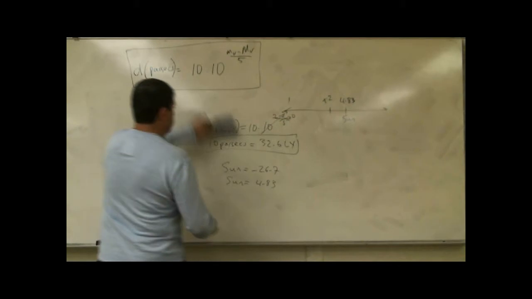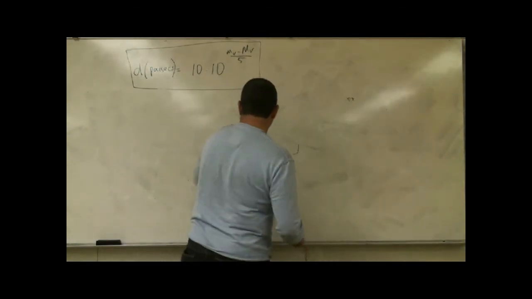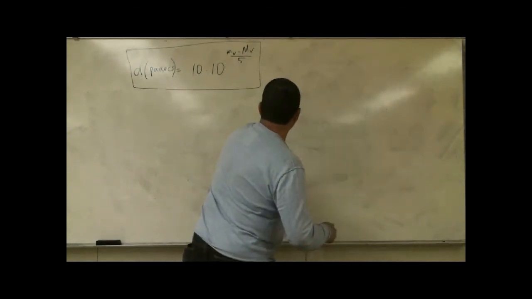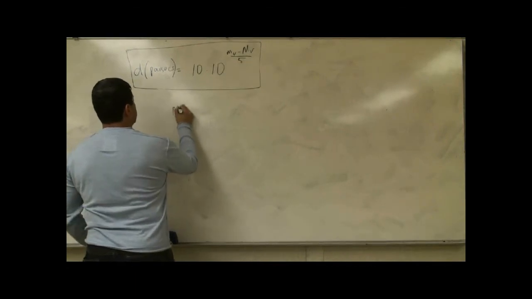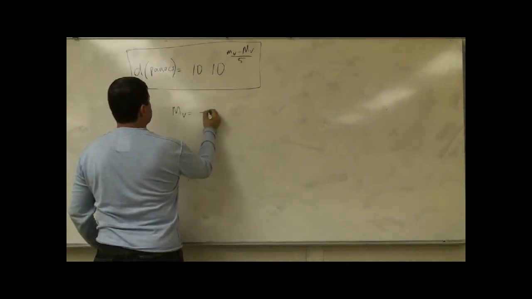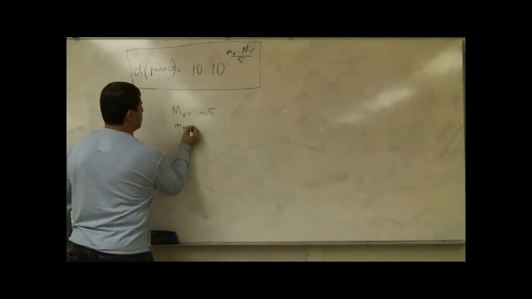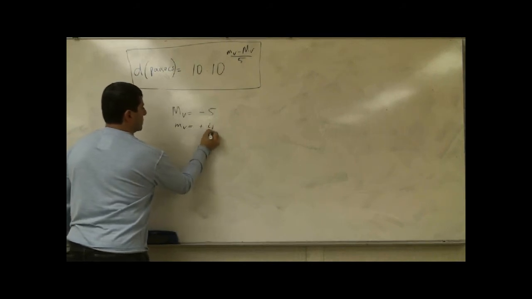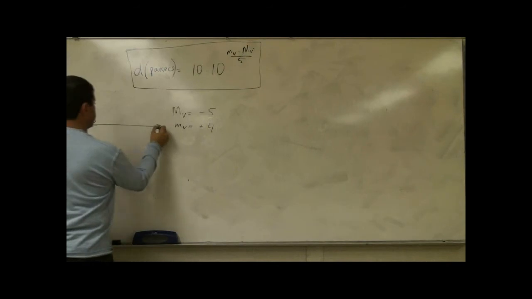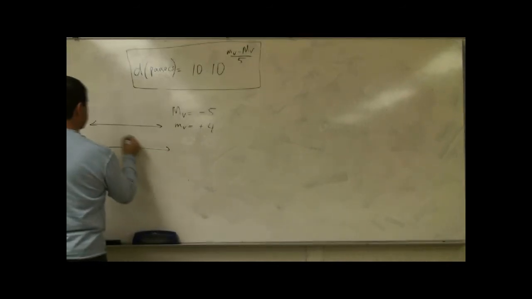So now, let's say a star's absolute visual magnitude is -5, that means it's much brighter than the sun, okay? And let's say its apparent visual magnitude is +4, that means it doesn't look too dim, right? So you have to visualize each one on the number line, MV and little mv, so you can see what's going on.